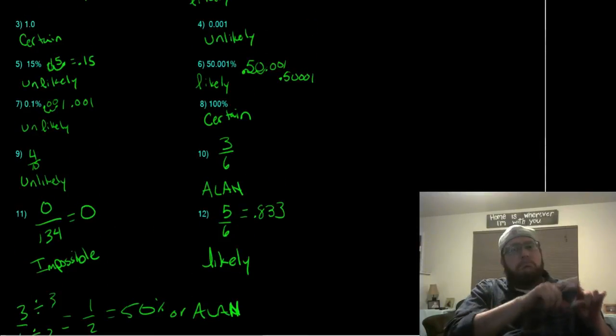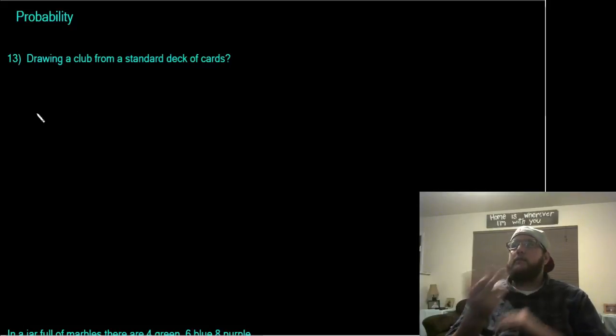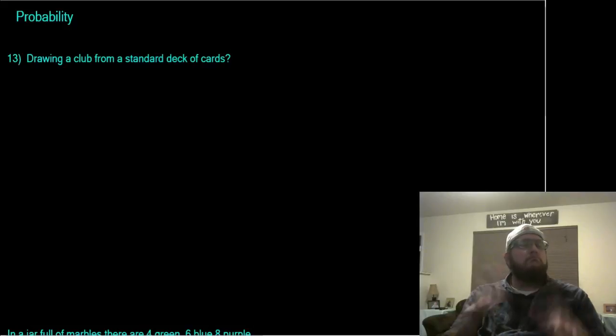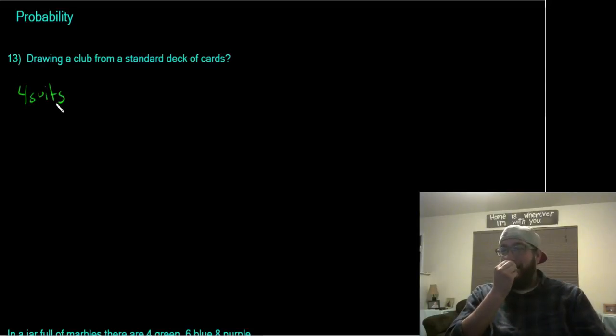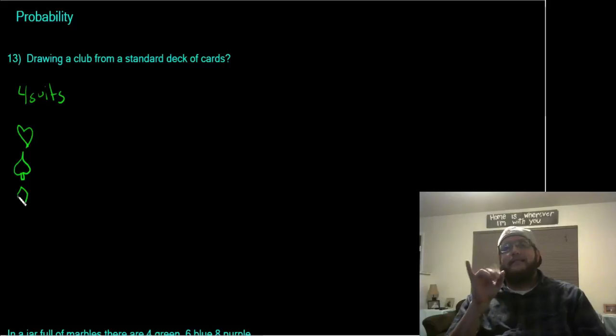Alright, that's the end of that one, so let's go ahead and jump to the next section, which is probability. Number 13 asks about drawing a club from a standard deck of cards. So we know that a standard deck of cards has 4 suits. They have hearts, spades, diamonds, and clubs.